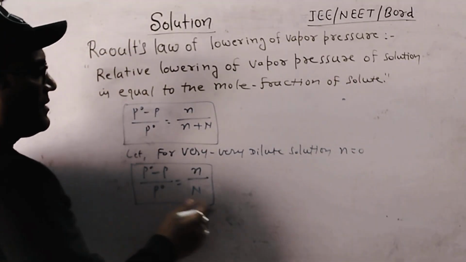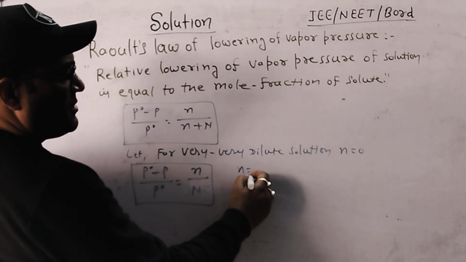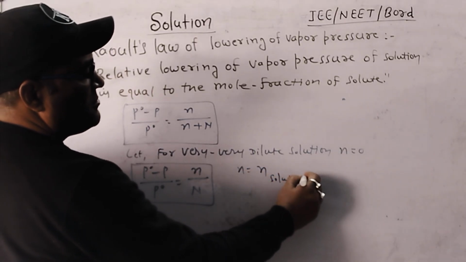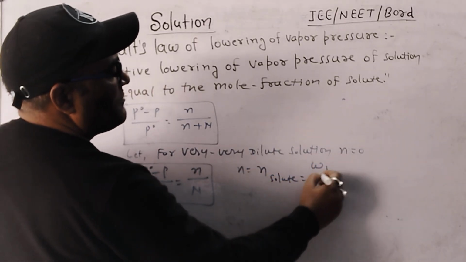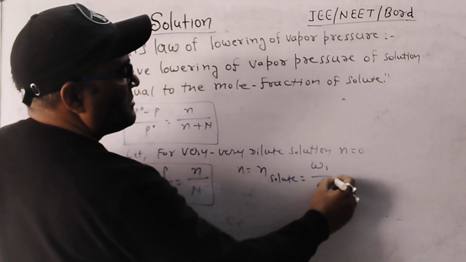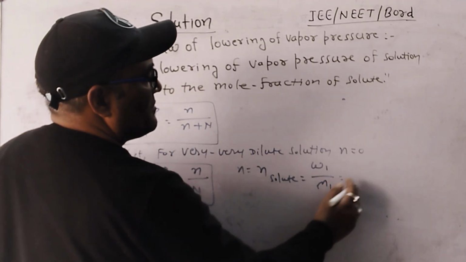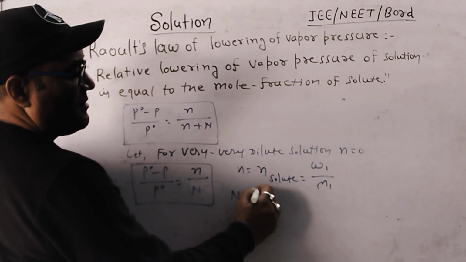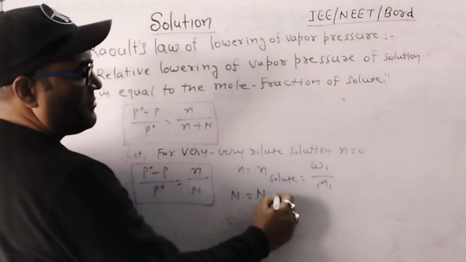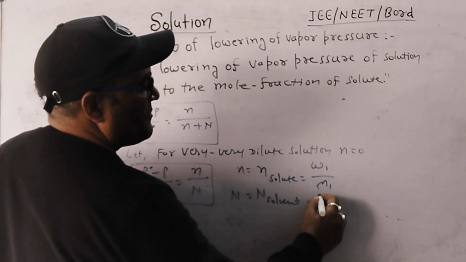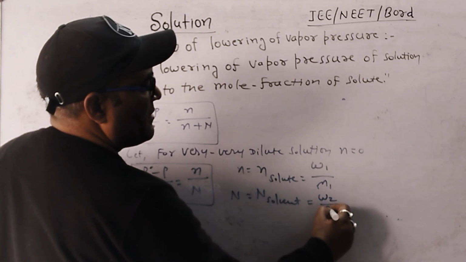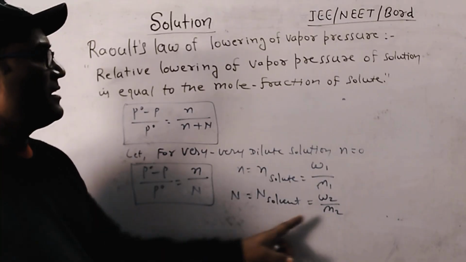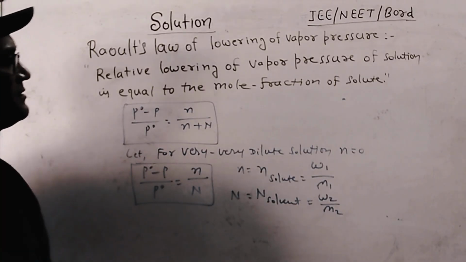Now n is the number of moles of solute, which is W1 of solute by molar mass of solute, given mass by molar mass. Capital N is the number of moles of solvent, W2 by M2, where W2 is the given mass of solvent and M2 the molar mass of solvent.